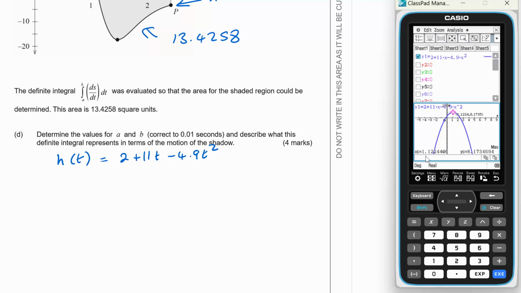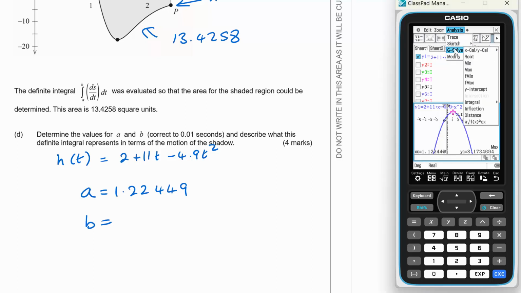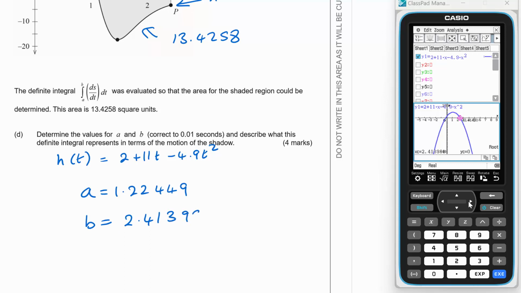And here we have our A value at 1.22449. So A is 1.22449. And the B is just when the height is equal to 0. So we'll do analysis, gsolve, and root. And clearly it's the second root that we want, and that's 2.413981.